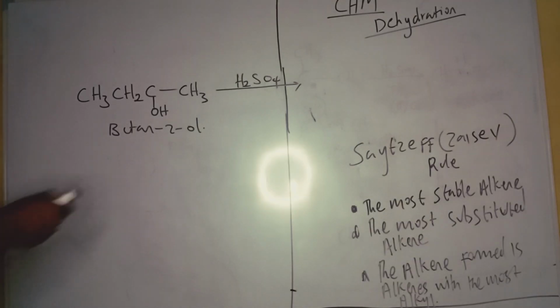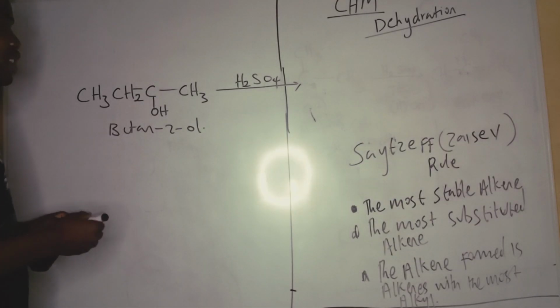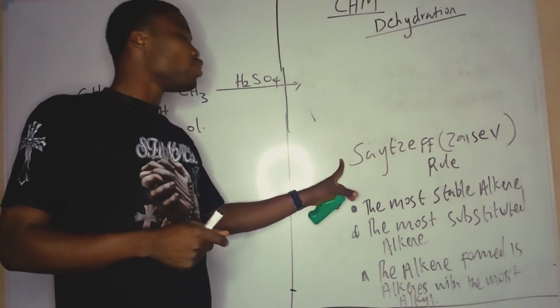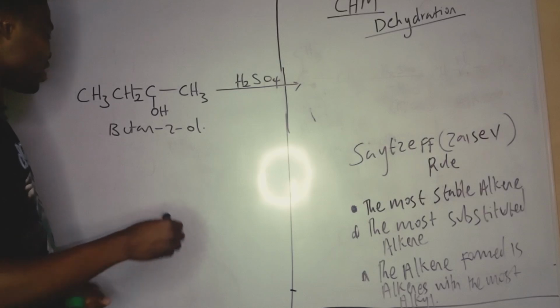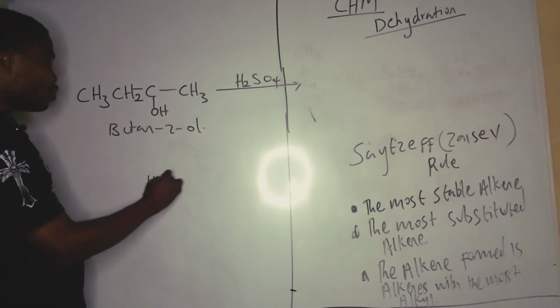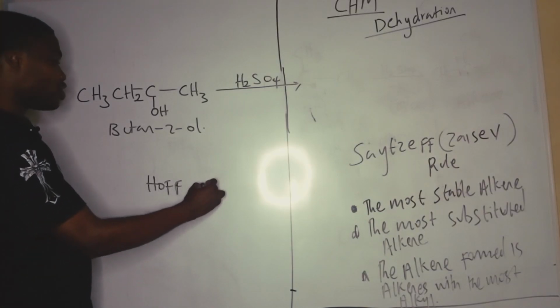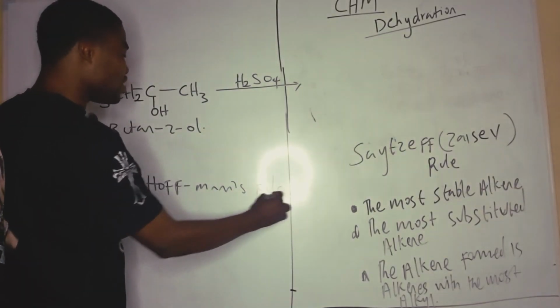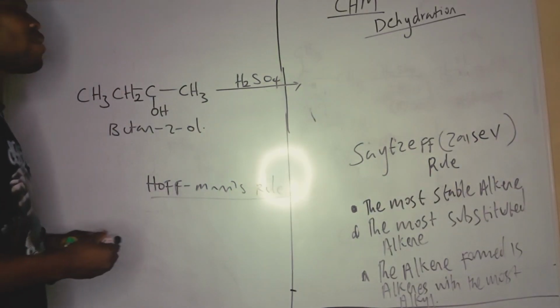So we are going to follow the Saytzeff rule strictly. And remember, I was going to talk about two rules. The Saytzeff rule is one, while the direct opposite of the Saytzeff rule is Hofmann's rule. What does Hofmann's rule state?